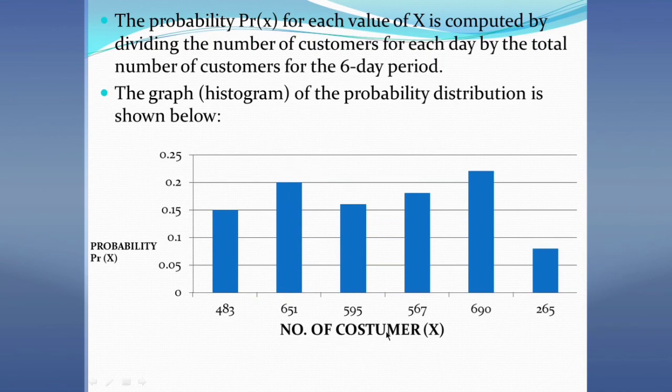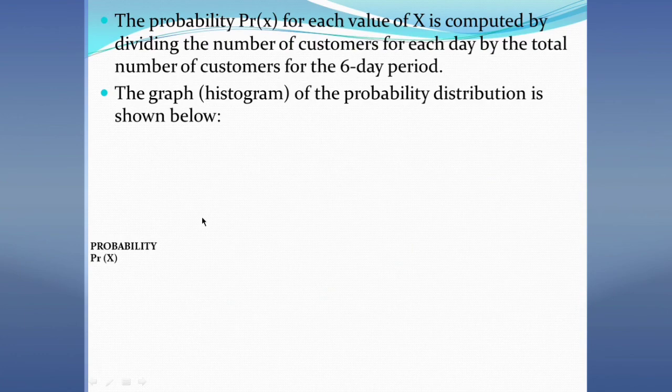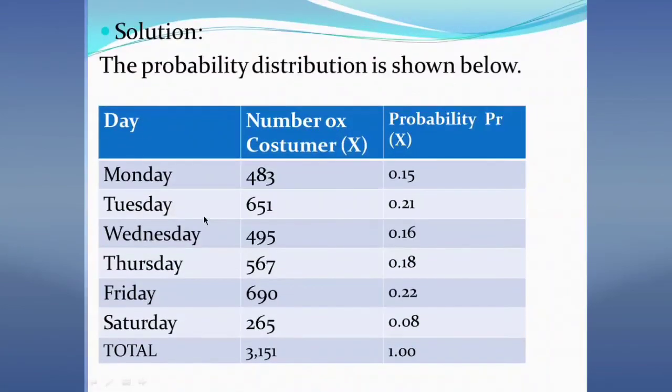So, ito po, number of customer. So, yung sa 6-day natin, 483, 651, 495, 567, 690, and 265. Okay? And then, ito po sa taas yung kaninang na-multiply natin dito. Okay, so ito, yung sa probability x.